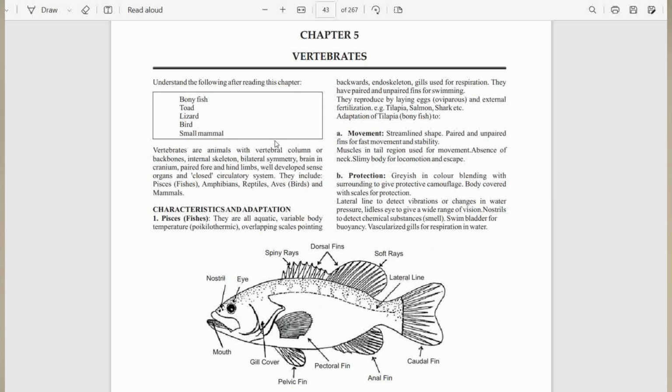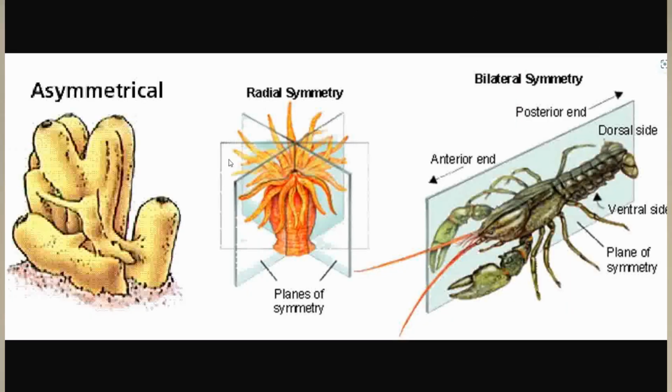So, for example, I mentioned the concept of bilateral symmetry, which is one of the characteristics of vertebrates. That reminds me about talking about symmetry. I should have mentioned that when we discussed invertebrates. So, the concept of symmetry, let me explain using this slide.